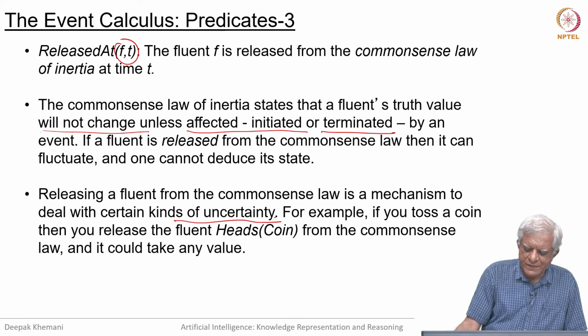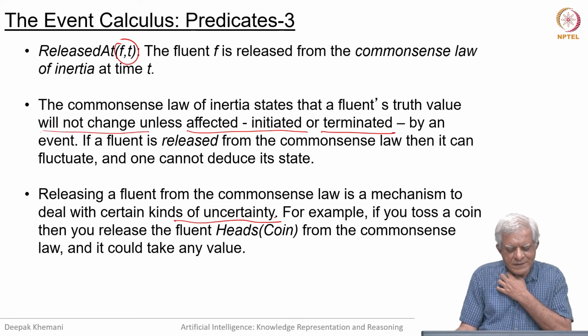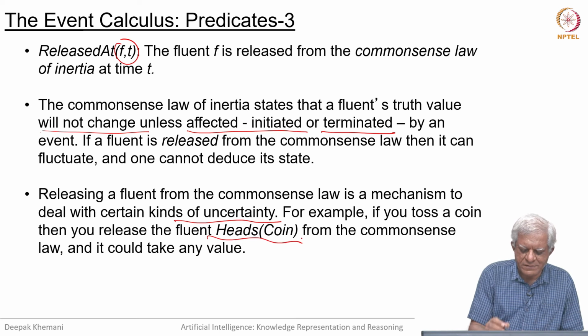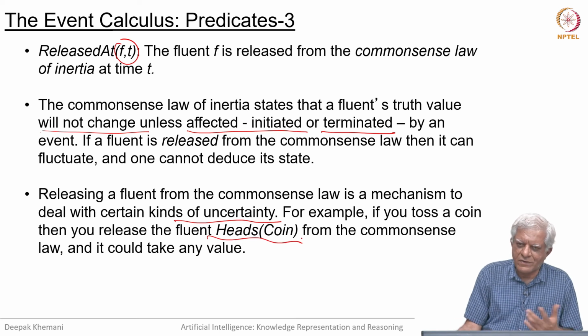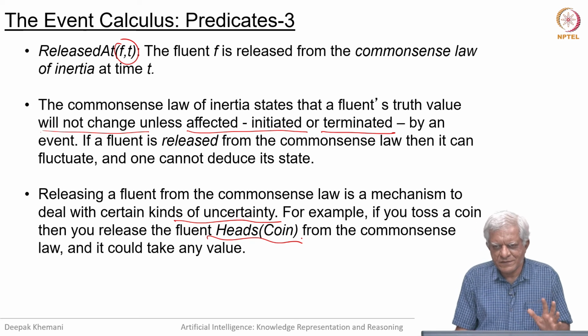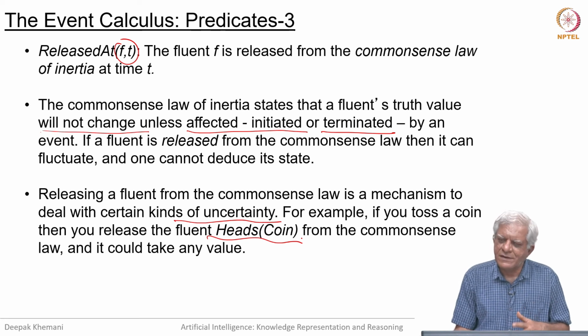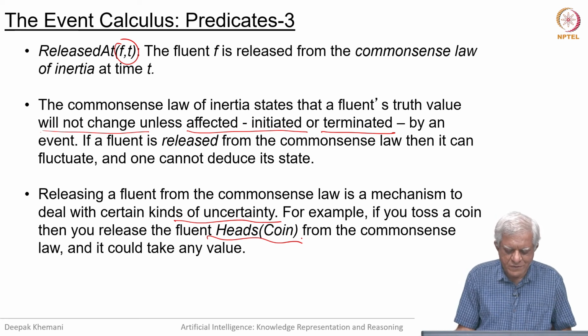We do not have much time to look into this, but you can imagine that, for example, if you were talking about tossing a coin, then there is a fluent called HeadsCoin, and whatever the state was when you were holding the coin, whether heads or tails, after you have tossed the coin you cannot predict anything about whether it is going to be heads or tails.